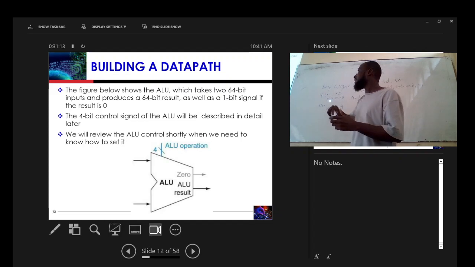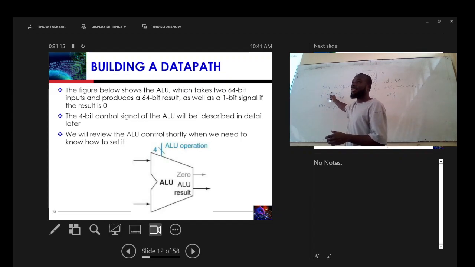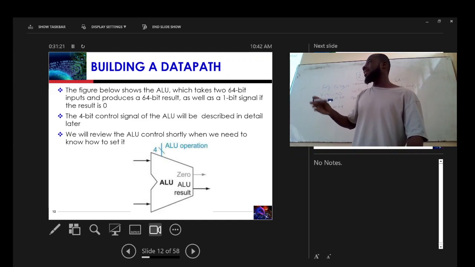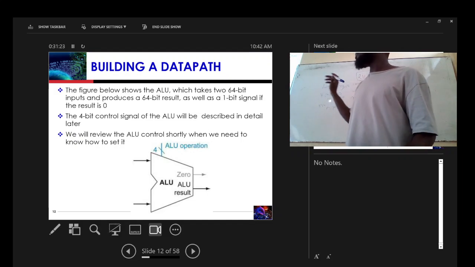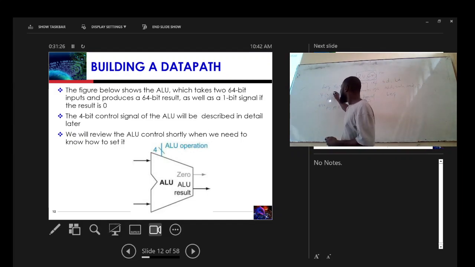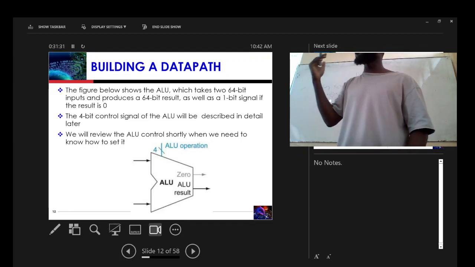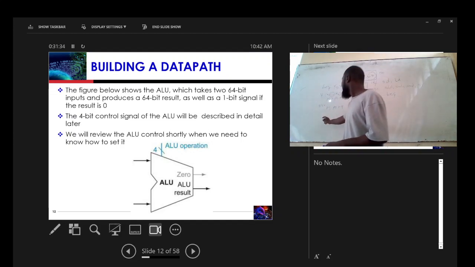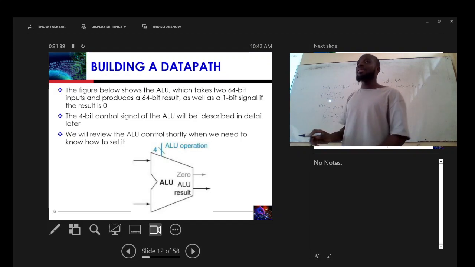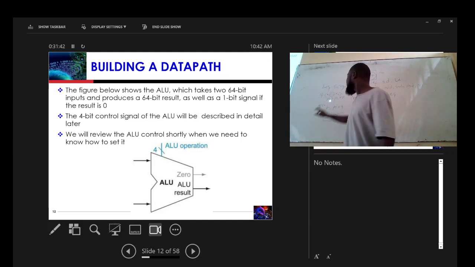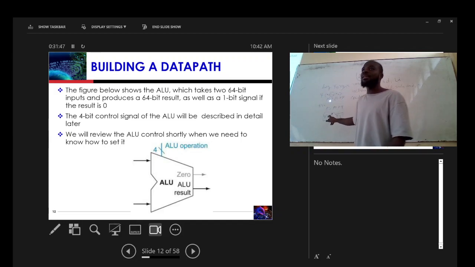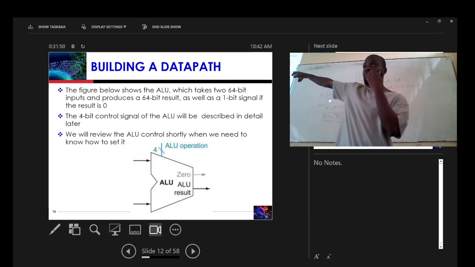Now the BEQ is using the comparator here, x1 equal to x2. But you can use subtraction to perform this operation. So you do x1 minus x2. If x1 is actually equal to x2, the result will be zero, and then that signal will go high.